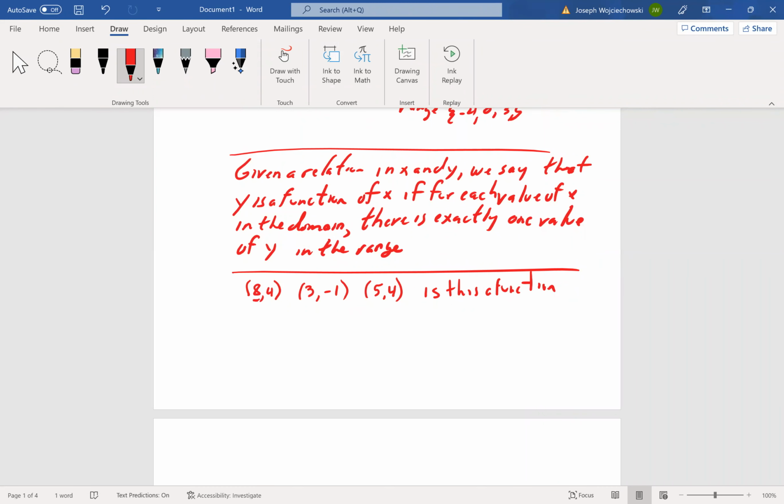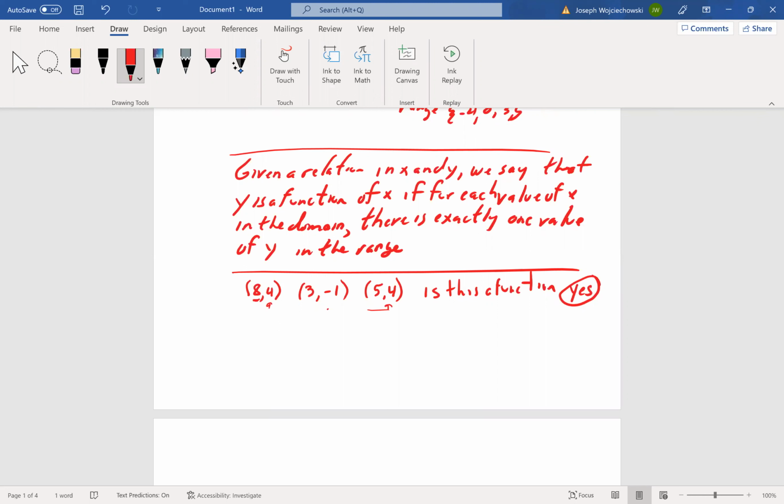Fortunately, I have three different values of x. So in this case, this is a function. For the x value of 8, the y value is 4. That's the only y value for 8. For the x value of 3, the y value is -1. That's the only value of y for 3. And same here. Now note we do have two y's being the same, but it's if one x has two different y's, that is not a function.